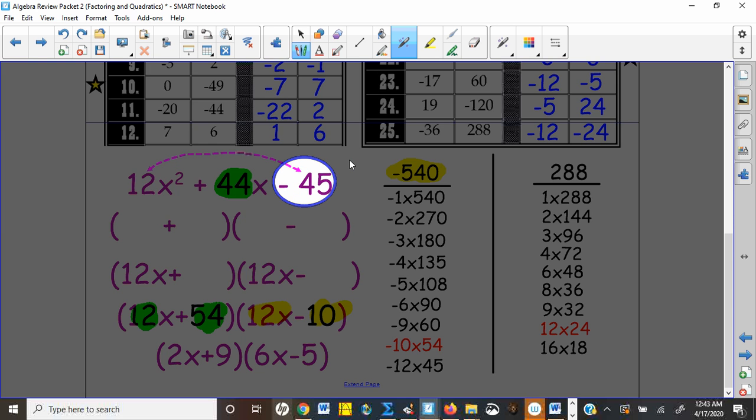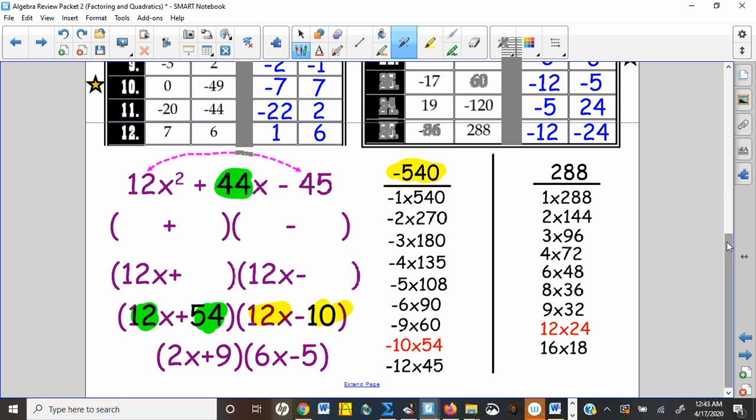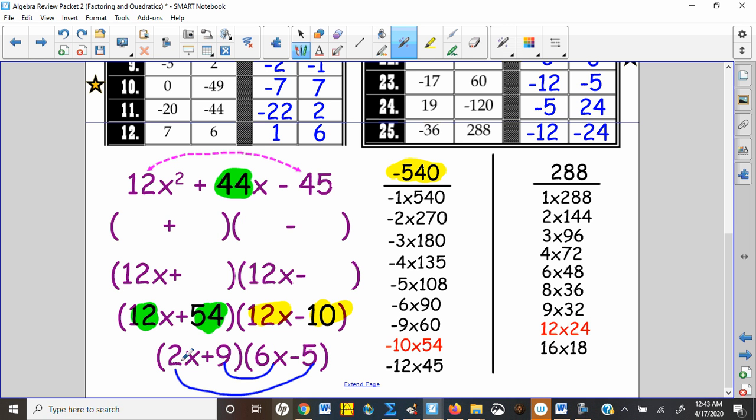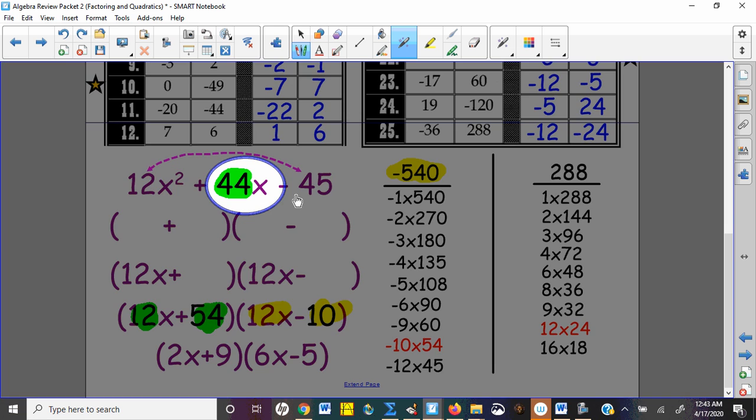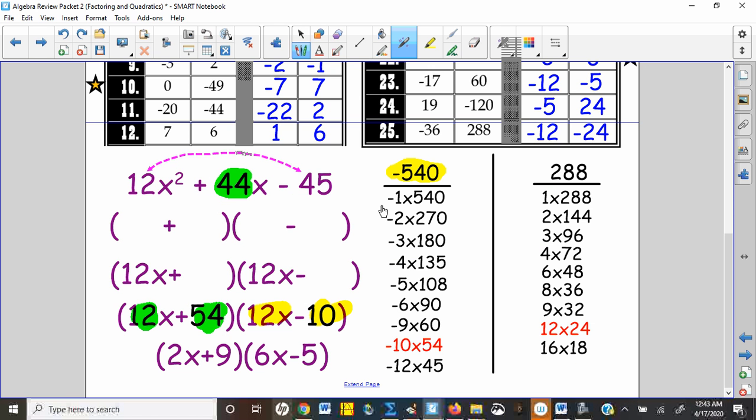But bam. And then here's the hardest part, right? 2x times negative 5, 9 times 6x. That's 54x minus 10x, 44x. That's the part that would have been really hard to find guessing and checking.